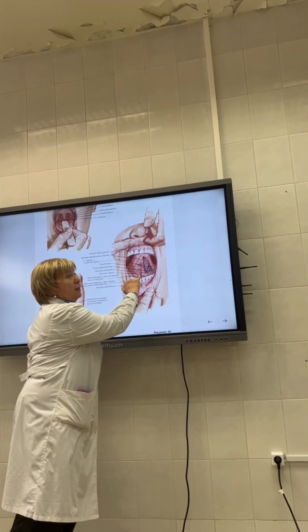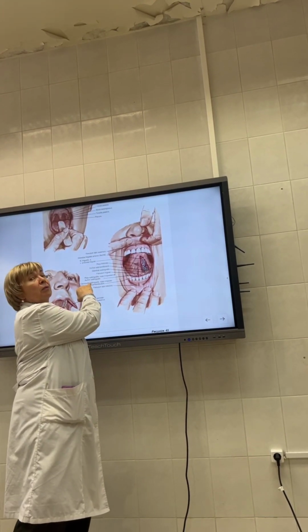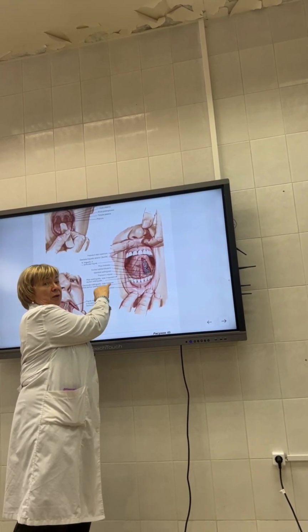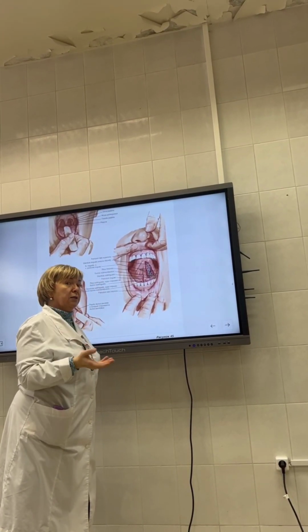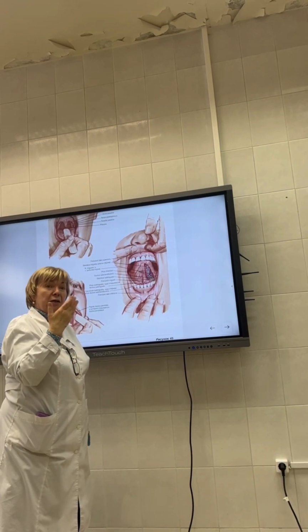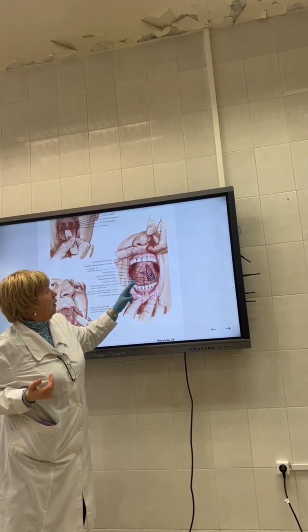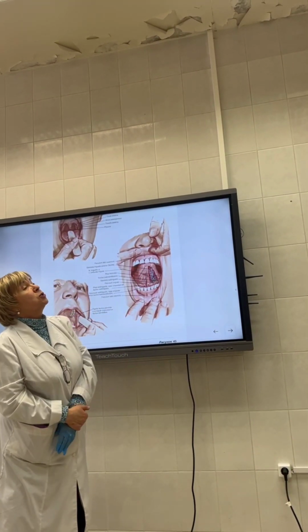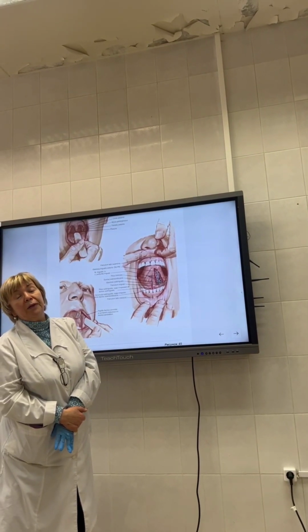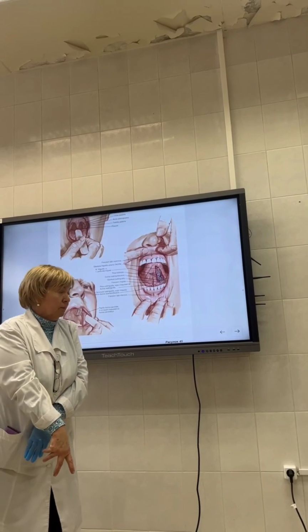Beside it, on the floor, there are the caruncula or papilla sublingualis. The ducts of the sublingual gland and submandibular gland open on it. Laterally from this caruncula, below the tongue, passes the sublingual fold, plica sublingualis. It is the position of the sublingual gland.